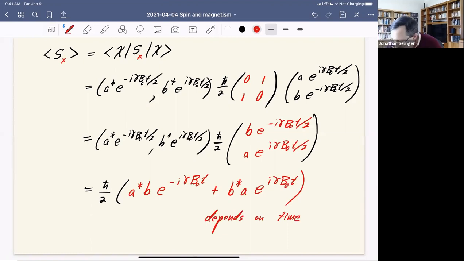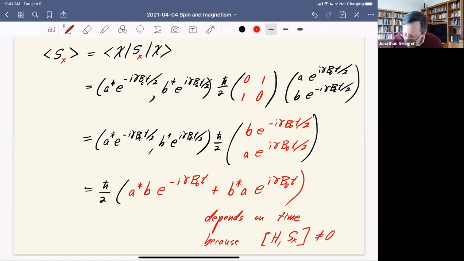It is changing in time because the commutator of the Hamiltonian with Sx is not equal to 0. We know it is not equal to 0 because the Hamiltonian is proportional to Sz, and Sz does not commute with Sx.